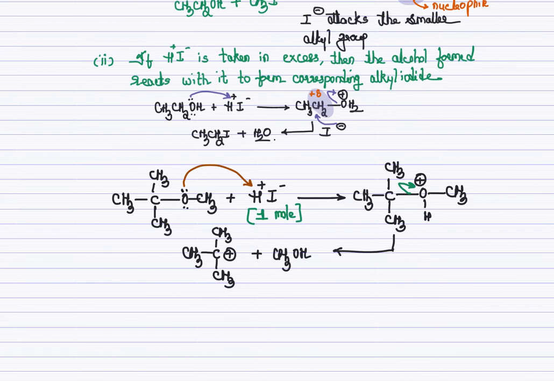And now this reacts with I minus, and this I minus then gives you a corresponding alkyl halide.